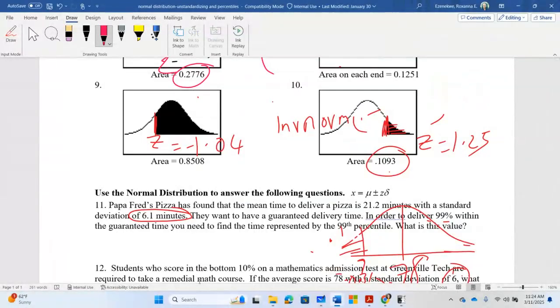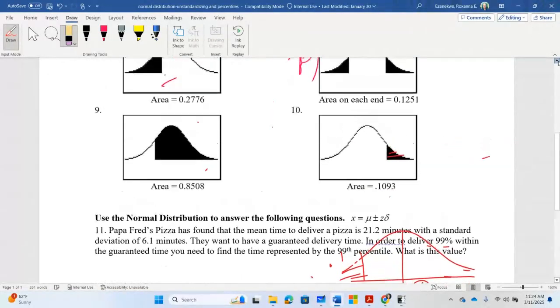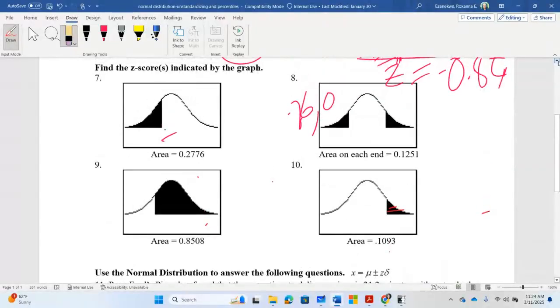Anytime I am given area inside the normal curve, and I'm told to find the z value, for example, if I'm given area to the left, like in number 7, what I'm going to do is inverse norm, because they already gave me the area. So they're asking me to find the z value corresponding to that area.